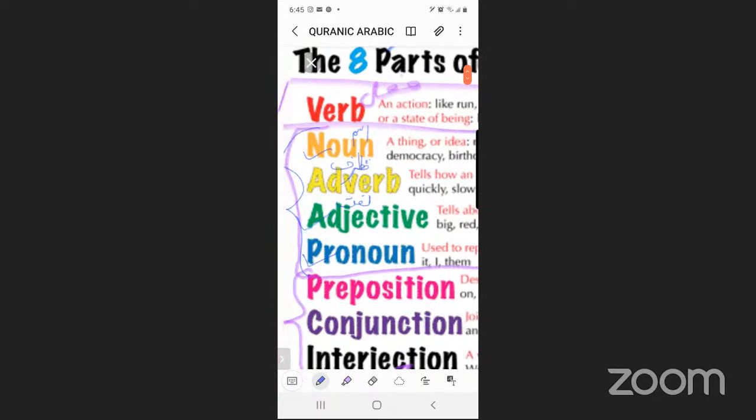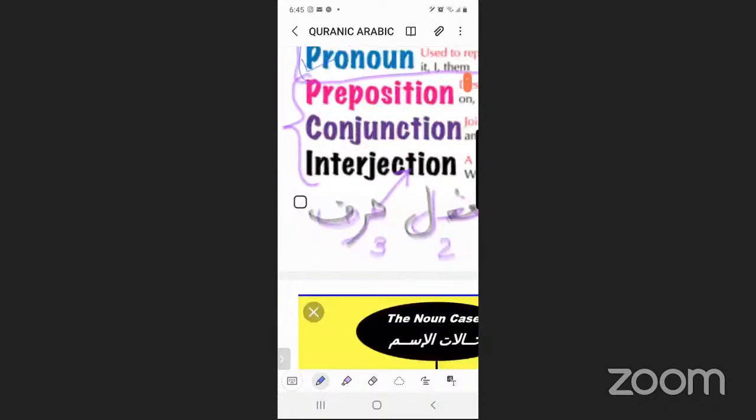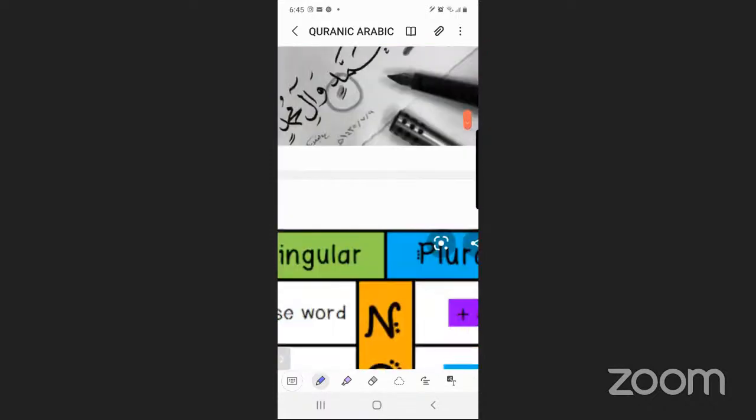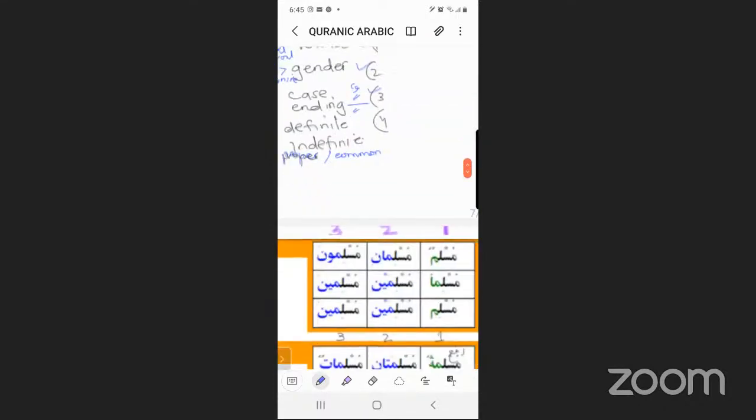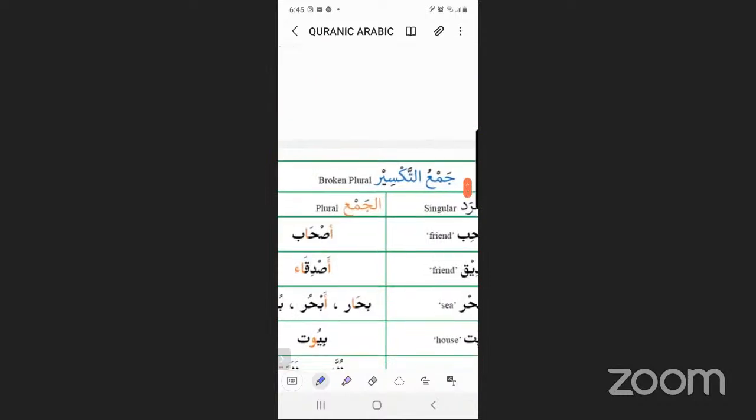And what does zarf do? It makes the word next to it majroor. So it's another reason why it becomes majroor. We've learned three reasons why a noun would become majroor. Would anyone care to tell me the three things that make a word majroor?